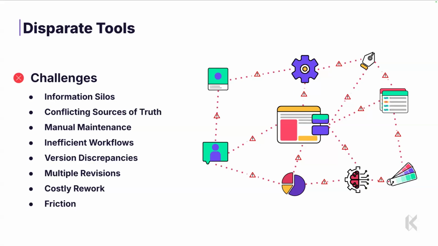We have conflicting sources of truth, and there's all this manual maintenance that goes into maintaining these systems, inefficient workflows, and then, of course, version discrepancies because we didn't update our archives from the last time, leading to multiple revisions, the costly rework, and the friction that exists within our organization.